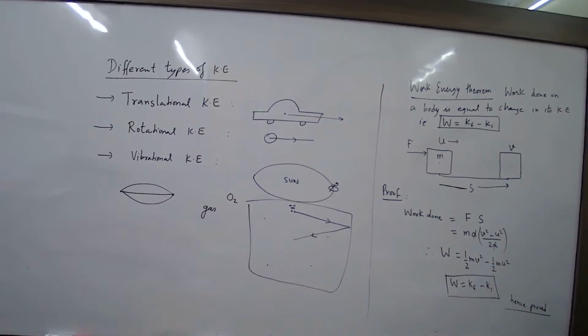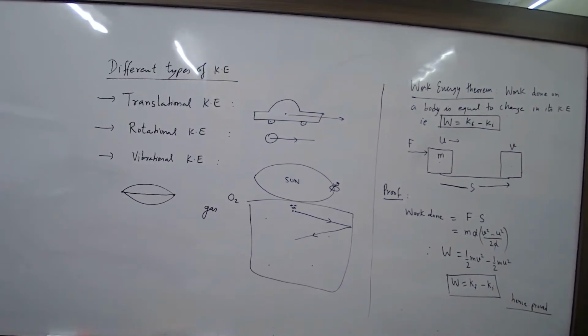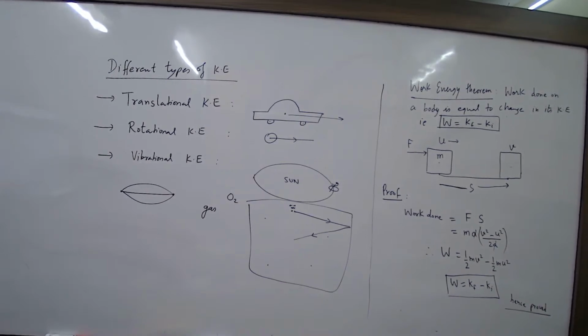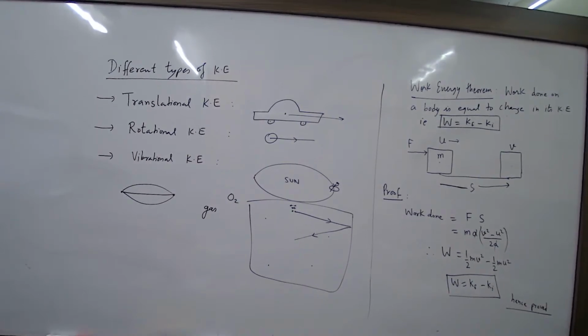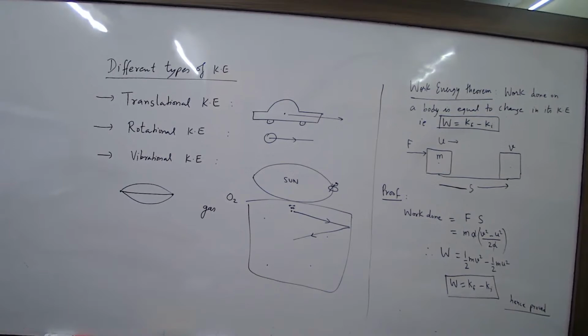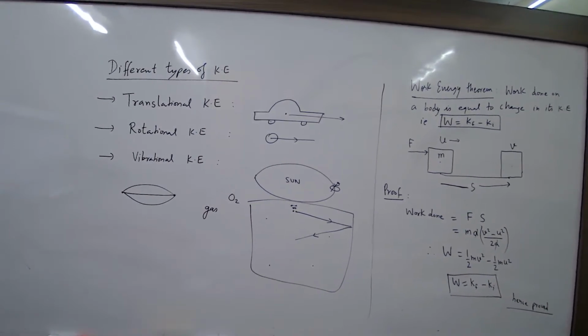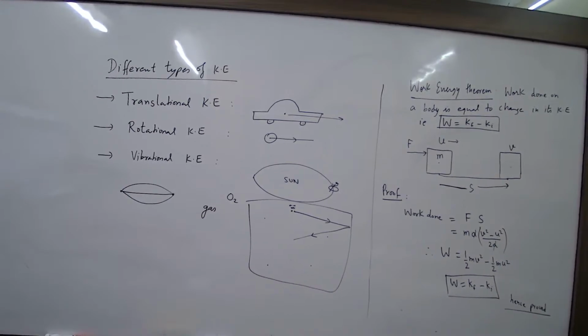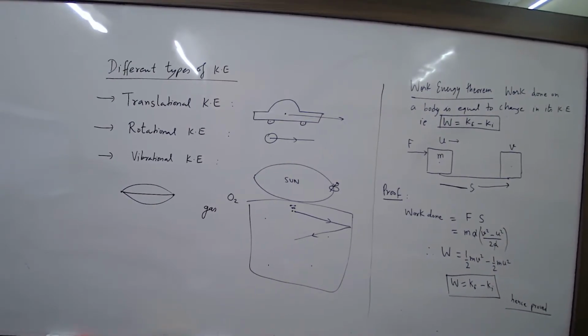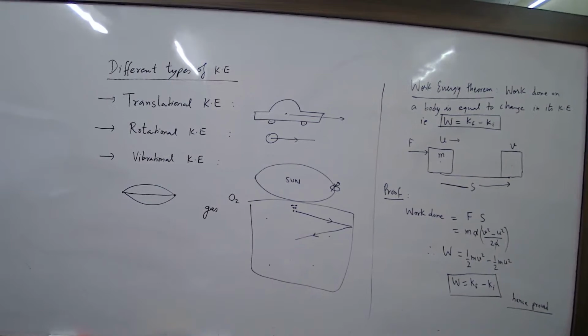What about heat energy? How do we produce heat energy? By burning anything. When we burn, what is the stored form of energy? Chemical. When we burn any fuel, the chemical energy stored in the fuel is converted into heat.